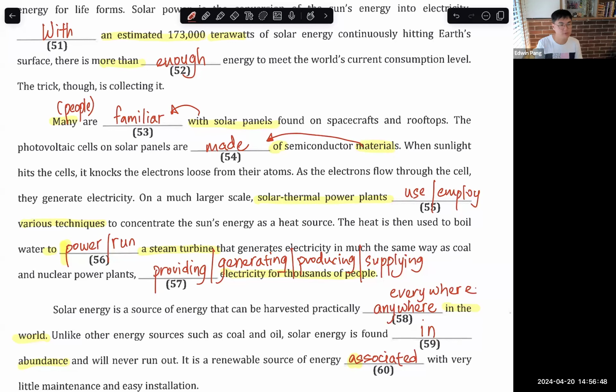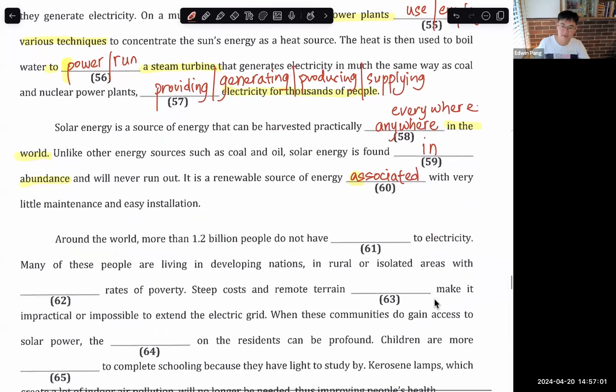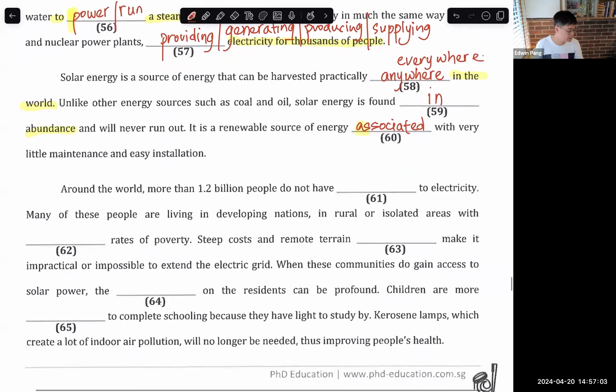A renewable source of energy cannot be installed with little maintenance and easy installation. It doesn't work, I'm afraid. Okay, let's move on. I've addressed everybody. The more controversial ones are over, gladly. I think the rest are quite straightforward.